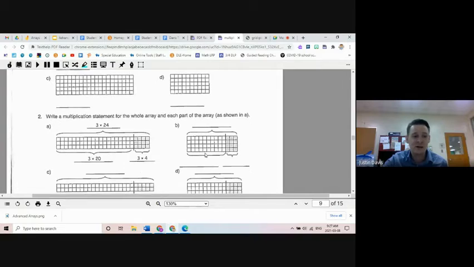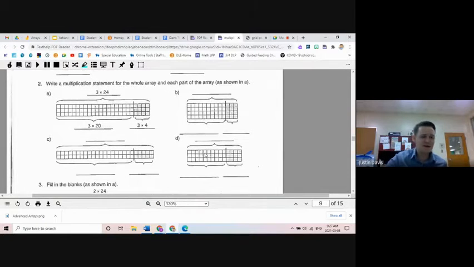Now down here is where it gets a little more interesting, because this is the beginning of using arrays as an effective strategy for more challenging facts. Here we have 3 times 24. What the model is showing is that someone super smart has broken up 3 times 24 into 2 different sections using friendly numbers.